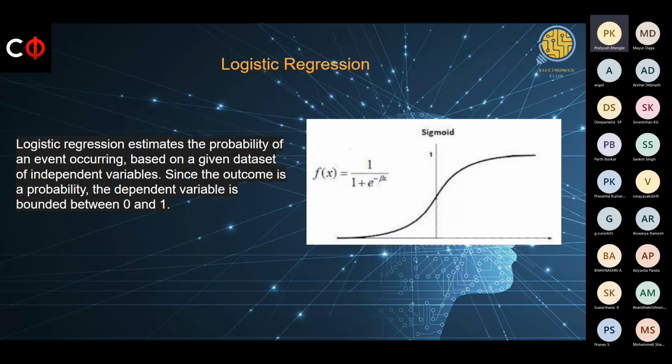And if you remember, I told you regression returns a numeric value, right? But even though this is called logistic regression, it's actually a method of classification. Now, if you look at this function, you can easily understand that it will give a value between 0 to 1, right?